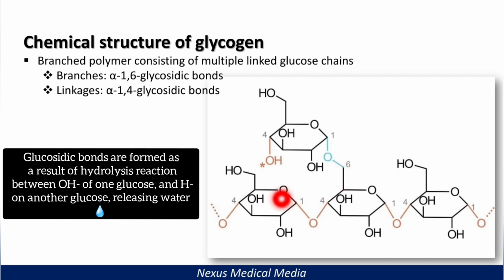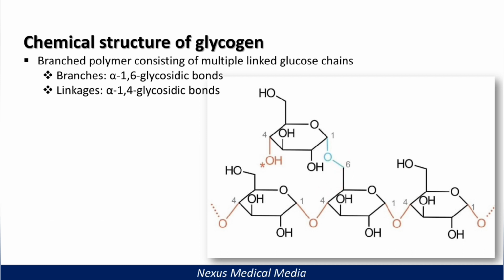For this linkage to exist in this way, you have a bond called a 1,4 glycosidic bond. But if you want to make branches, they are formed by a 1,6 glycosidic bond. Number 1 will be this one, and number 6 in this case is this one. So, 1,4 and 1,6 glycosidic bonds.